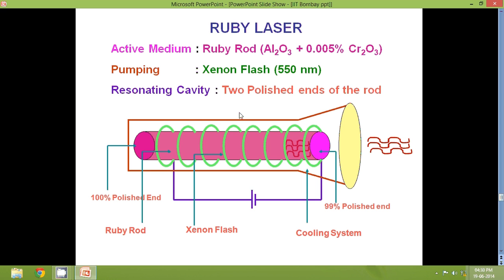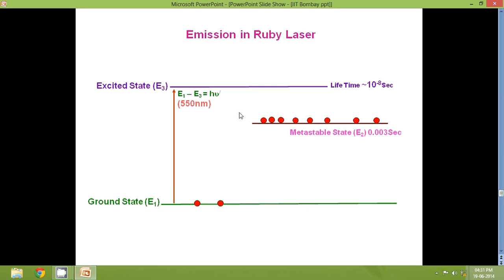These 4 photons in their journey excite 4 more atoms. This is a cumulative process, and many photons are released. Once the intensity of laser light increases to a certain level, it will come out from the less polished end, as shown in the figure. And this is the energy level diagram of a ruby laser in which 3 levels are involved.